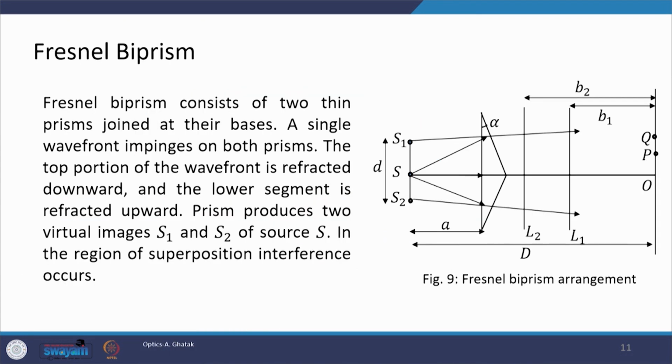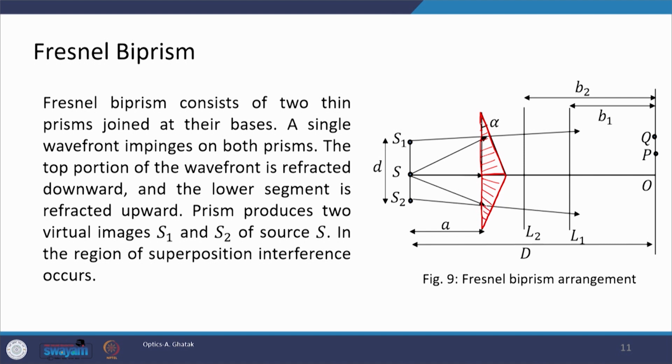Now, we will move to the last topic of today's lecture, which is Fresnel Biprism. This triangular shape which you see here is the biprism. Why do we call it a biprism? Because as you can see in this figure, it consists of two triangles, two prisms. This is the first prism and this is the second prism.